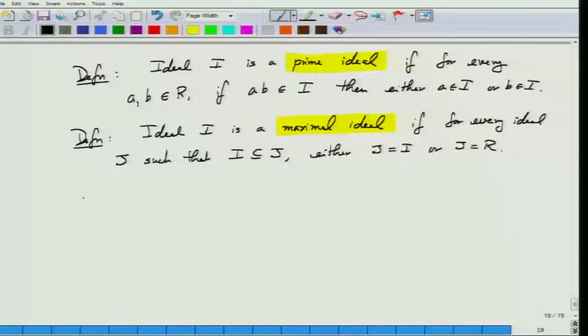And let me just show one connection that can be proven very easily over all rings, which is that every maximal ideal is a prime ideal.